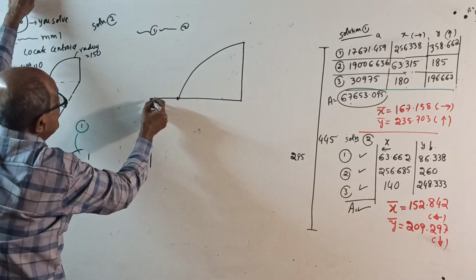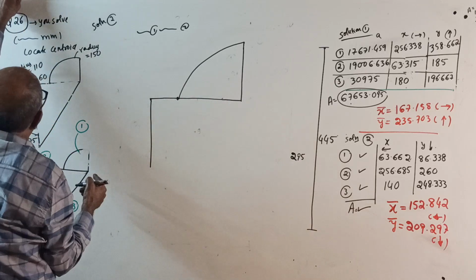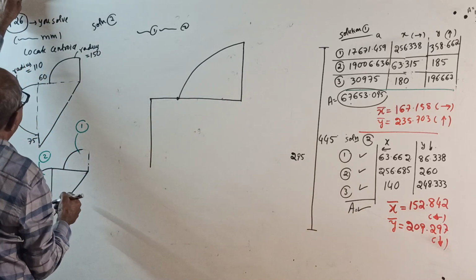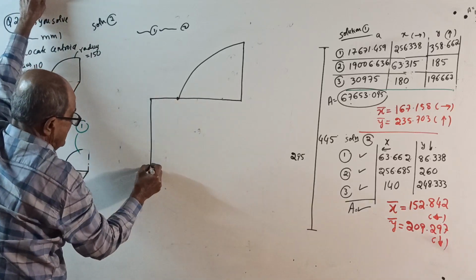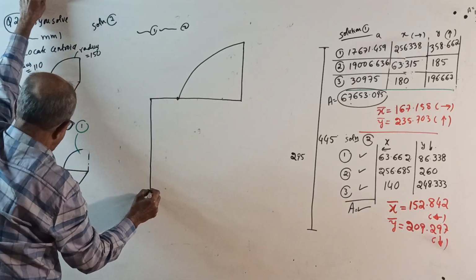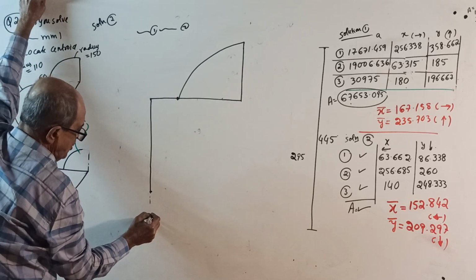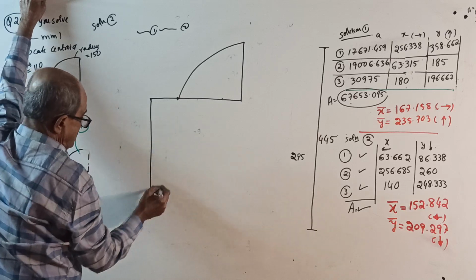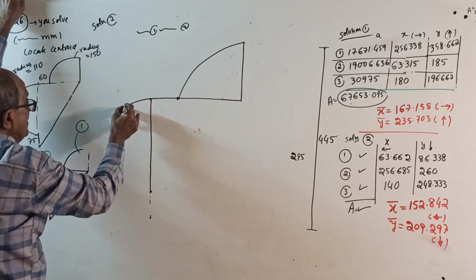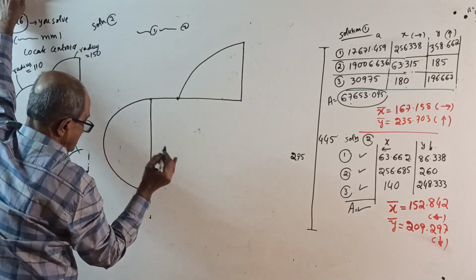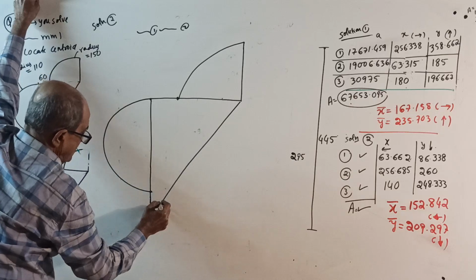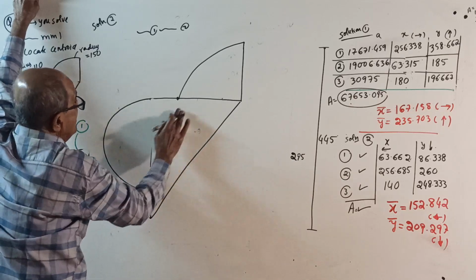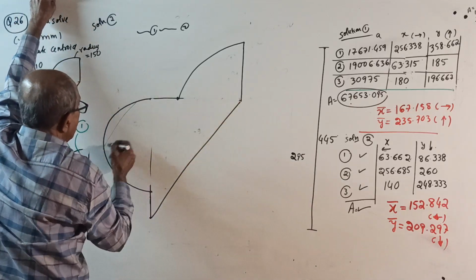This is how much? This total is 210. This is 220. 220, then another 75 more here. Nothing. This is the given lamina.